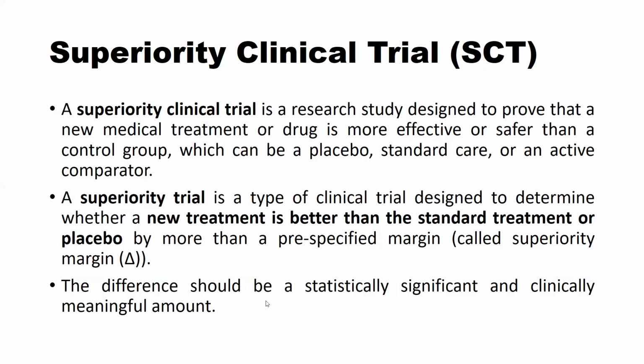This is the difference between two-sided and one-sided. When we are using a quasi-experimental study or randomized control trial, we can say there is no difference. Yes, you are right, there is no difference here, and there is a similarity.